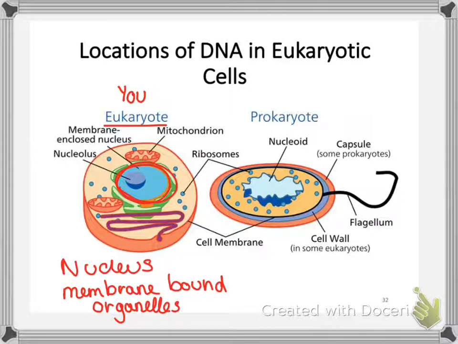Prokaryotes, on the other hand, think early. These are the early types of cells. Prokaryotes have none of those things. They don't have a nucleus, and they don't have membrane-bound organelles. Their DNA is found in something called the nucleoid, which basically means that the DNA is free-floating.